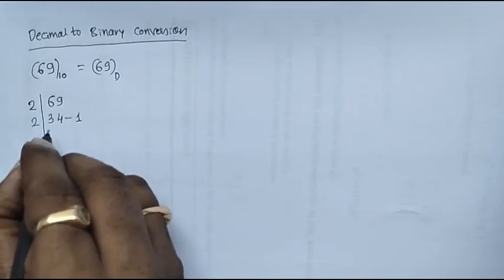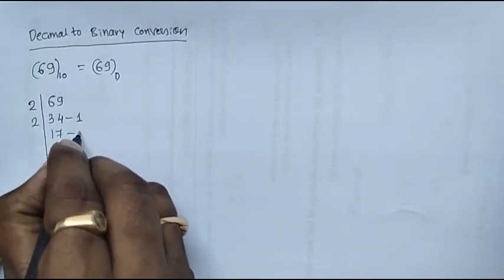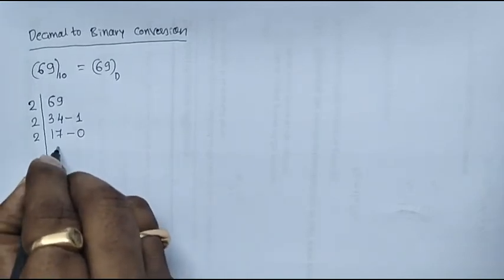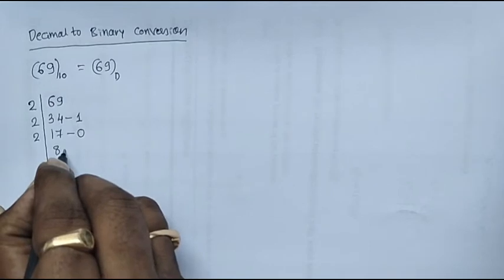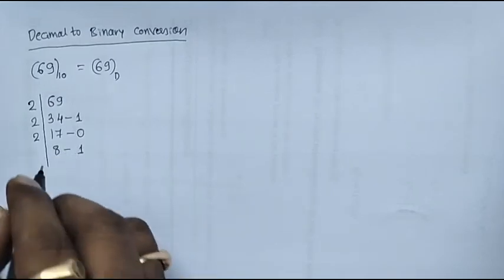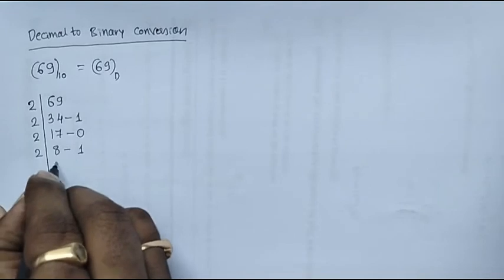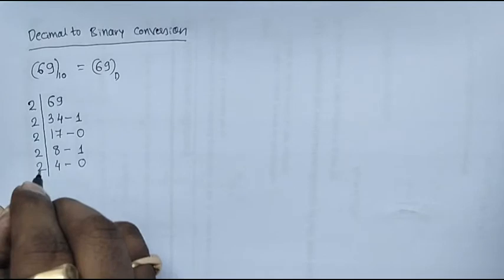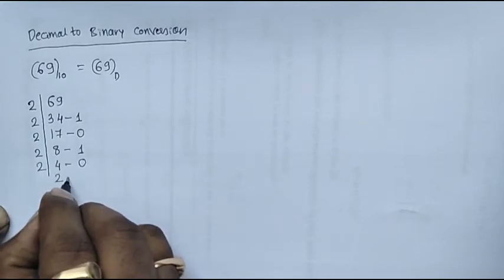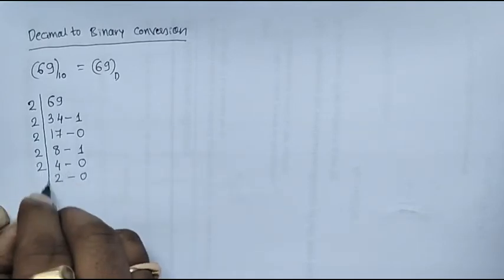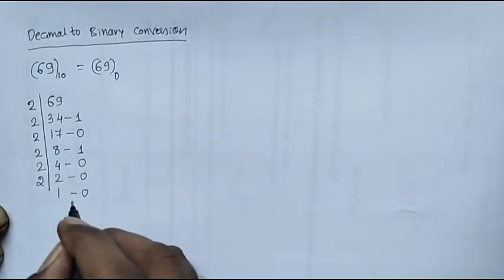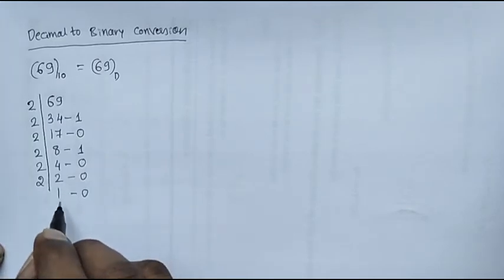Divide 34 by 2, we get 17. Again the remainder is 0 here. Divide 17 by 2, we get 8, remainder is 1. Divide 8 by 2 further, we get 4, remainder is 0. Divide 4 by 2, we get 2, remainder is 0. Further divide 2 by 2, we get 1, remainder is 0. Now we have to stop the process as we cannot divide 1 by 2.